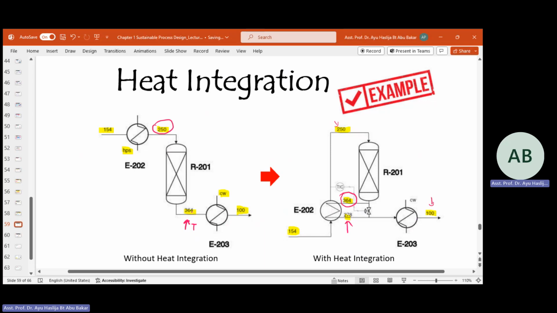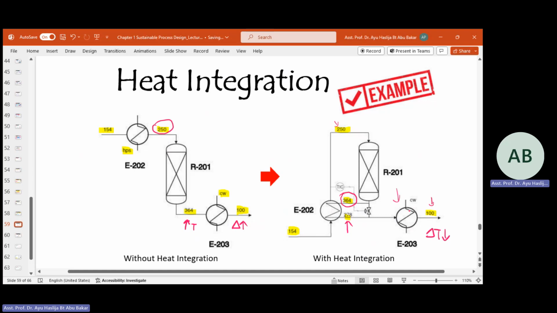Delta T over here, 364 minus 100, is still high. Here, delta T is already low. So you need to find out how much energy you need to supply to meet the target temperature of 100, from 278 to 100.